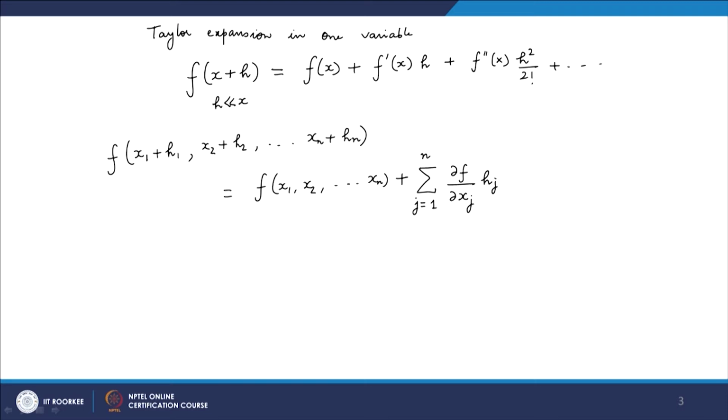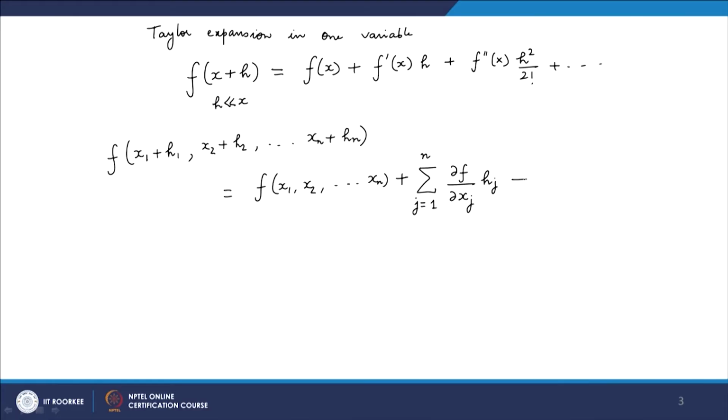The same idea now applies to the second order derivative. Now, the second order derivative, if you think about it, is basically two first order derivatives. So, I can apply a first order derivative with respect to any of these x, and then I can apply the second derivative with respect to any of the other x.